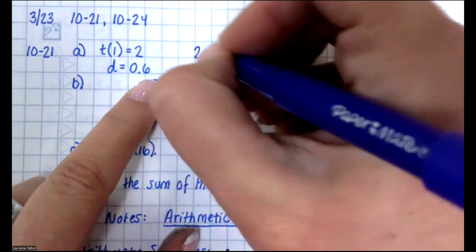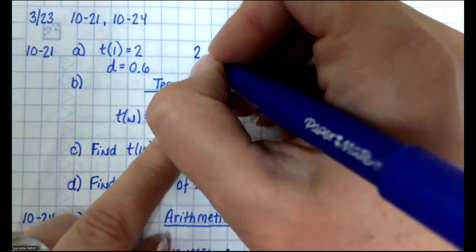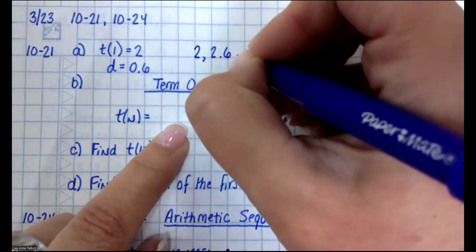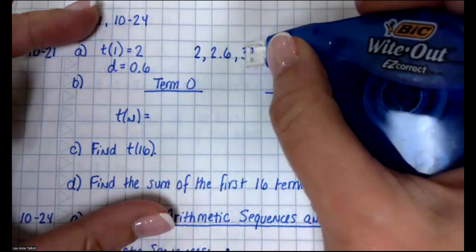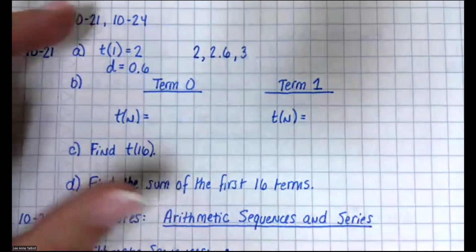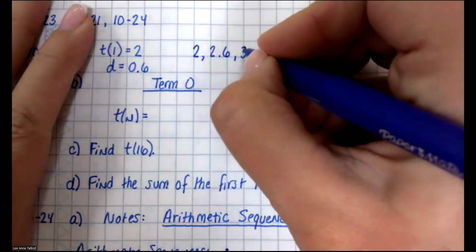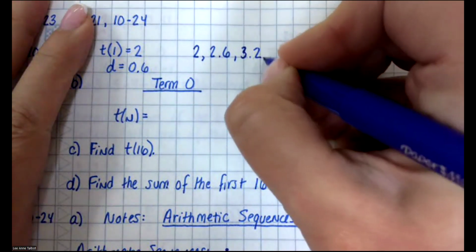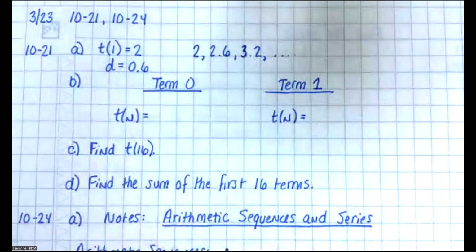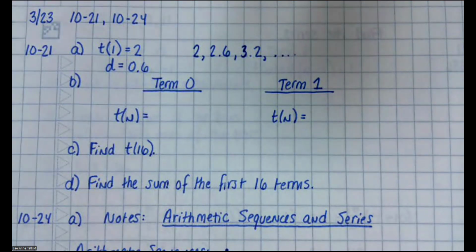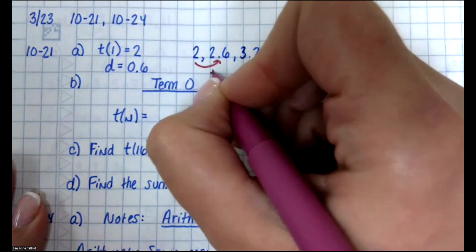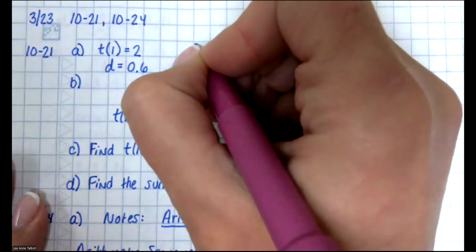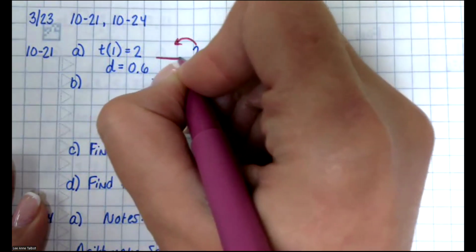So we're going to say 2.6, 3.2, comma, dot, dot, dot. And I'm going to put this arrow and that arrow.